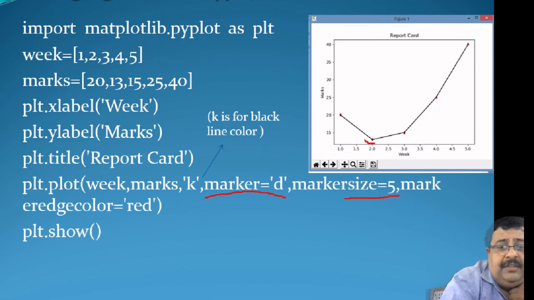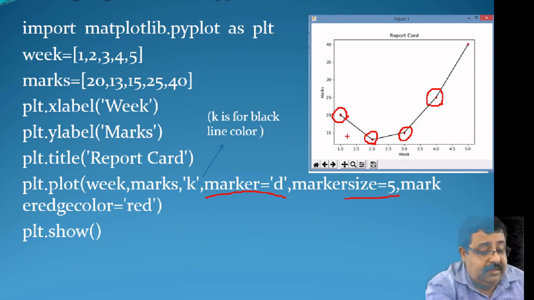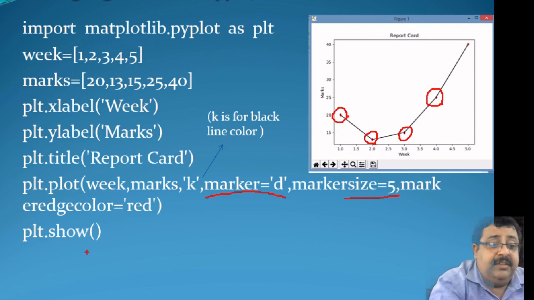So the marker is now a small letter d. Needless to say, without plt.show the graph is not going to be produced.